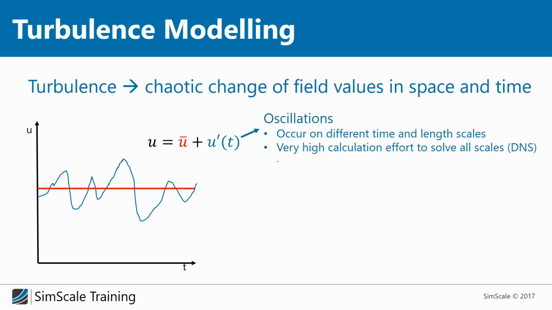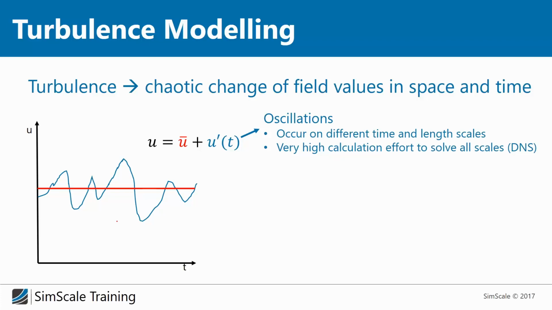The problem with these oscillations is that they are occurring on really different time and length scales. Sometimes we have oscillations which are happening in a 1,000th of a second, and at other times you also can have very large scales. And there are two possibilities. One option is to really calculate or solve all the scales, which we would call DNS, direct numerical simulation, which means we would really resolve all these turbulence fluctuations completely.